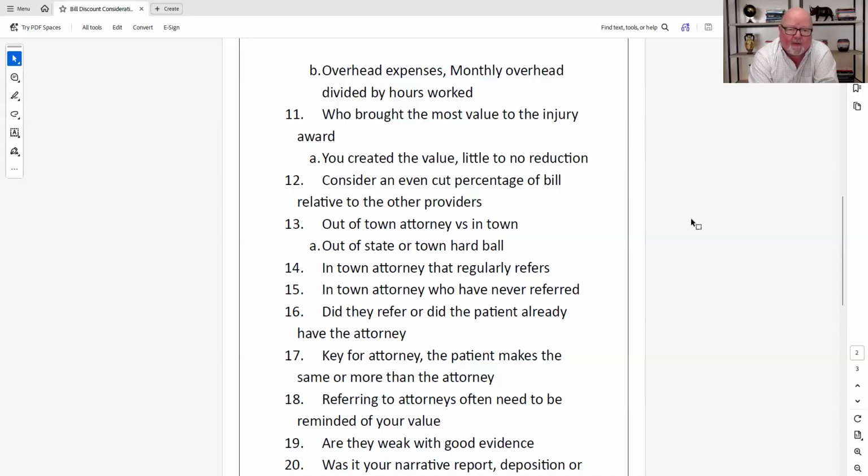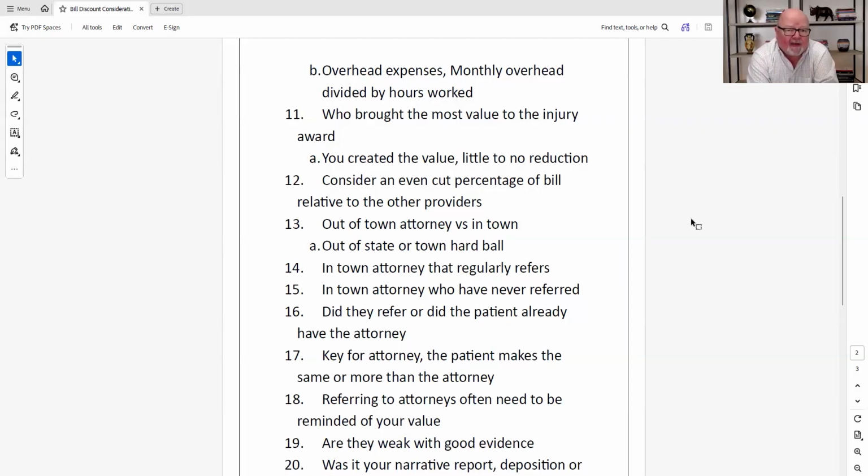That's generally speaking what happens. So if everybody else is taking a 20% discount, then I just recommend take a 20% discount to make it work.